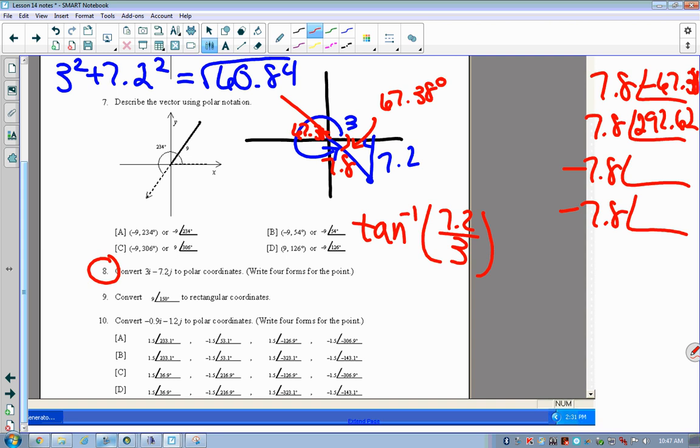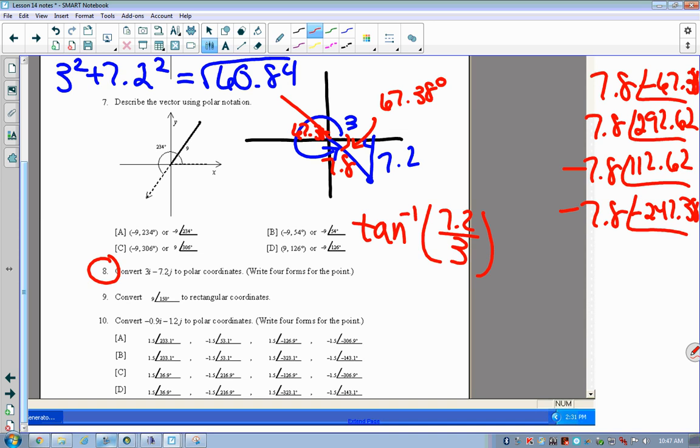You get like 112.62. And then I can go around the negative direction, which is 180 plus 67.38, which should be something like negative 247.38.